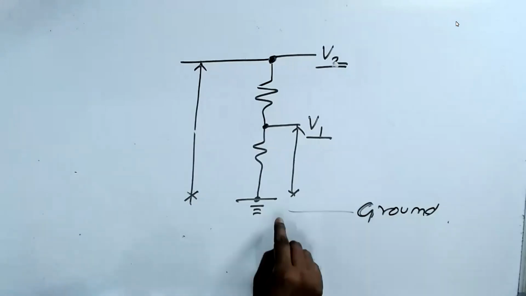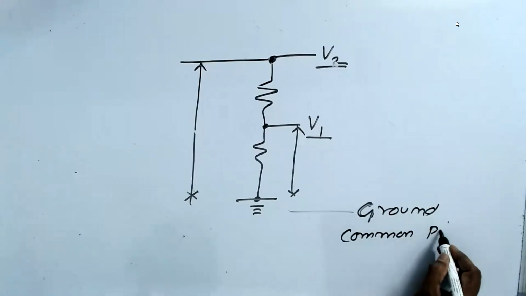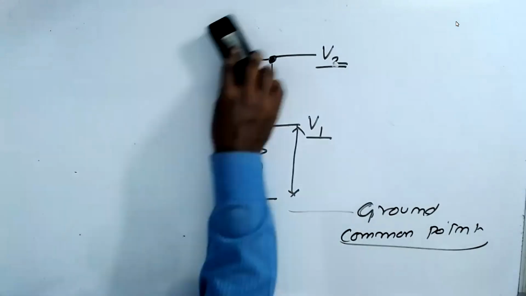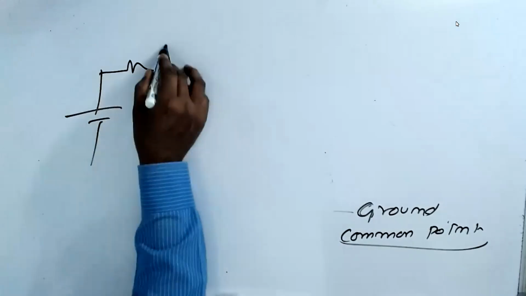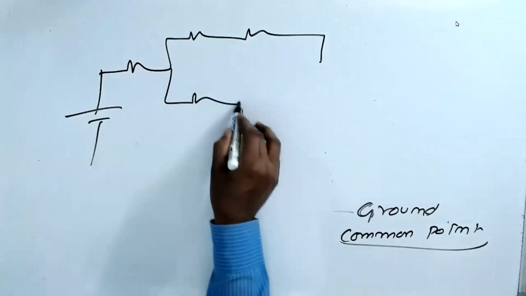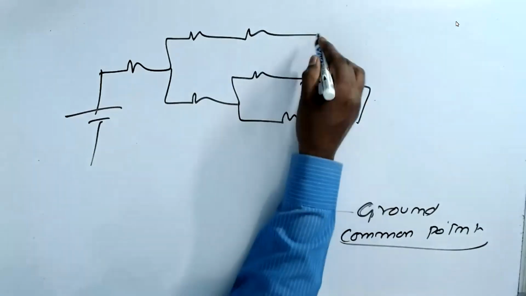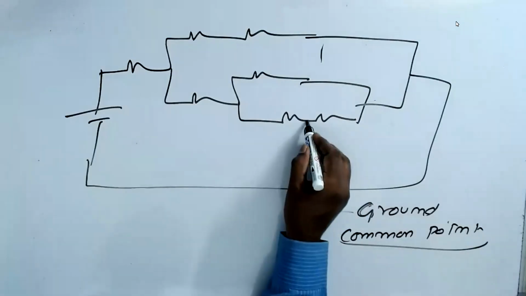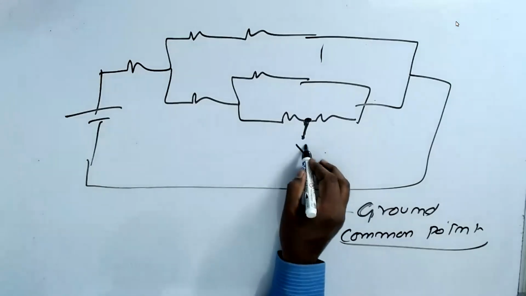Ground is called the common point, common for everybody, for all the people. I may have a very big circuit. If we ask you here, what is the voltage at point X?